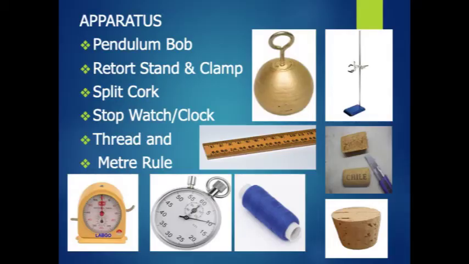With this background, we can start the experiment by identifying the apparatus. We have pendulum bob, retort stand and clamp, split cork. You need stopwatch or stop clock. You need a thread and a meter rule. We can now start the experiment in full.